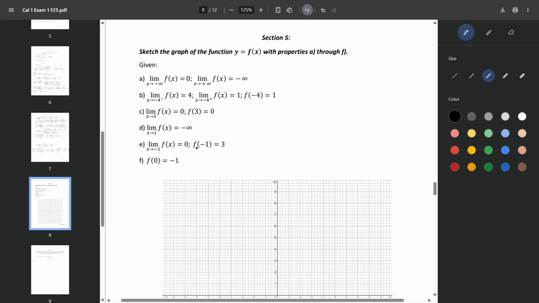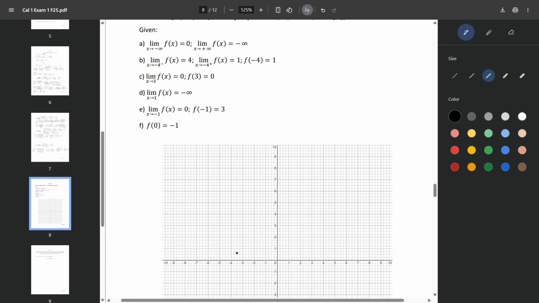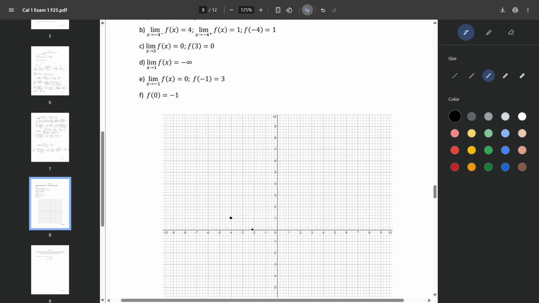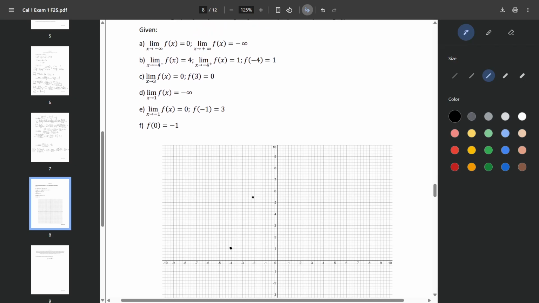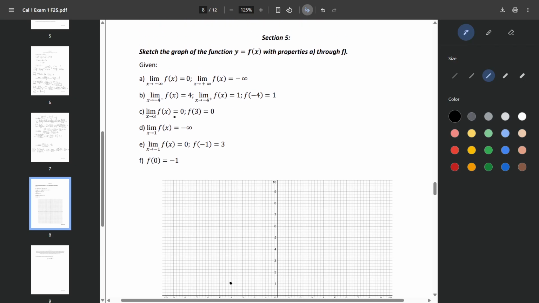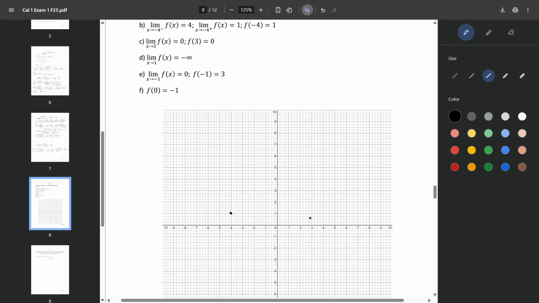Alright, so f of -4 equals 1. So at -4, y equals 1. Let's see. At f of 3, y equals 0.